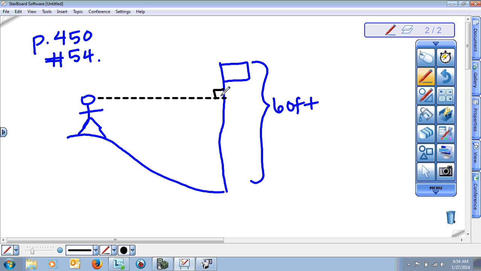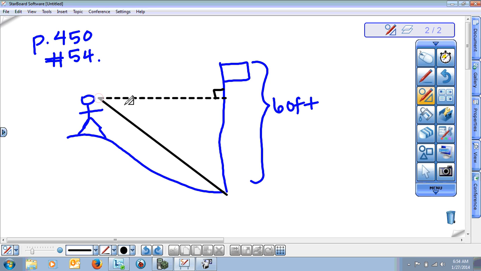So that's your horizontal line of sight. From there it says the angle of depression, so looking down to the bottom, that right there is 14 degrees. Then it says the angle of elevation to the top of the pole is 18 degrees.